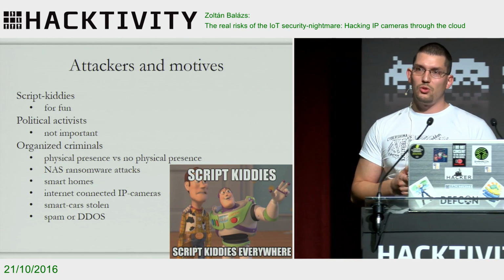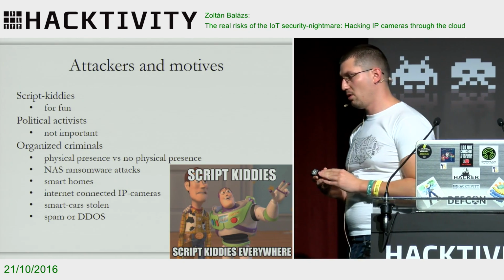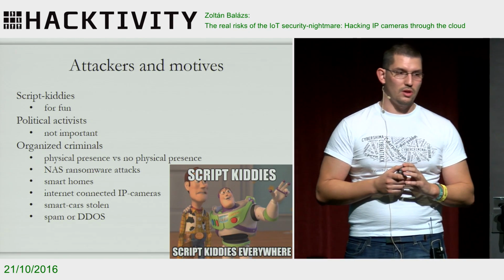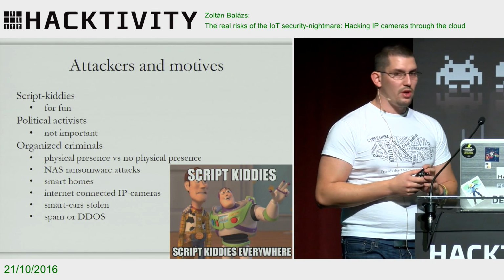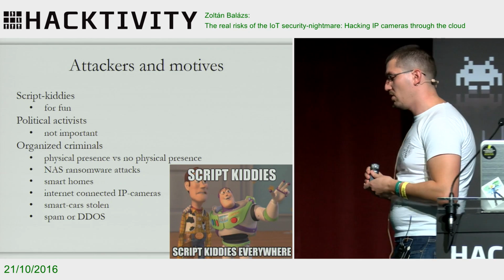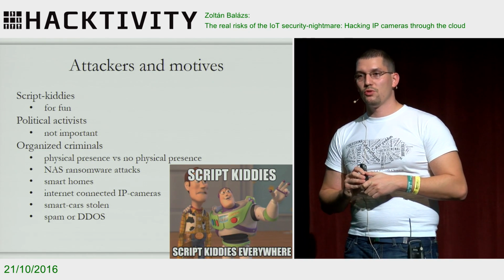But if you are talking about organized criminals, I'm sure that they will implement attacking IoT devices in their attacking scenarios. For example, we have already seen in the past that some of the network-attached storage devices had some very, very bad remote code execution attacks.